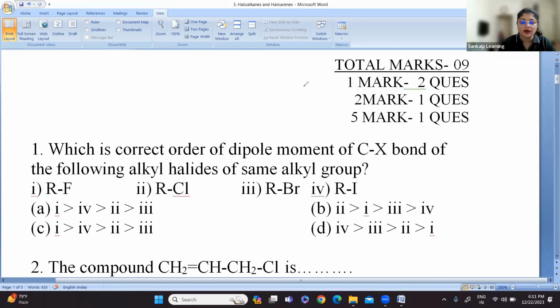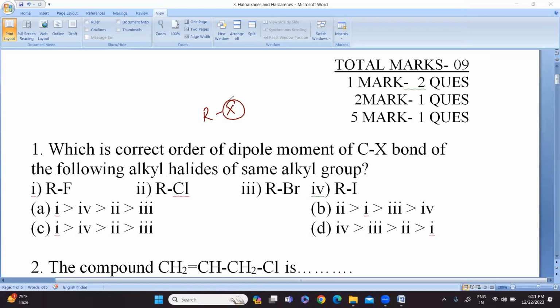So in the case of haloalkanes, suppose it is the RX bond. Here the polarity of the bond is determined by which atom is attached here.